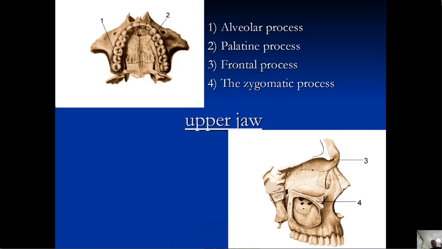And here, this is one of the most important parts, and one of the most frequent big problem parts in the maxillofacial region.